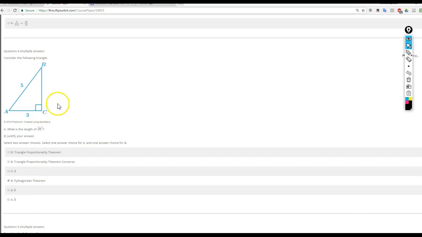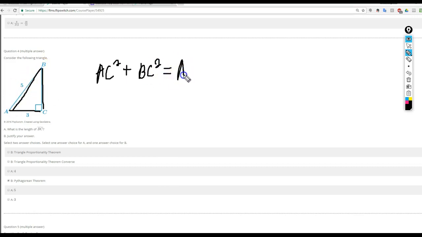Pythagorean theorem can only be used in right triangles. The Pythagorean theorem is side length AC squared plus the other side length, BC squared, is equal to the hypotenuse squared, so AB squared.